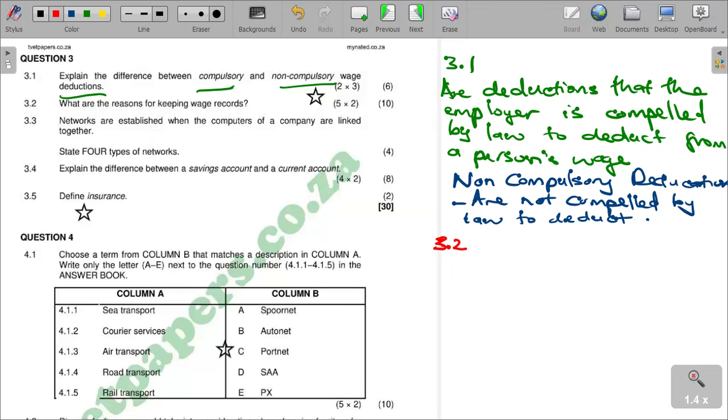So there are many reasons for keeping wage records.